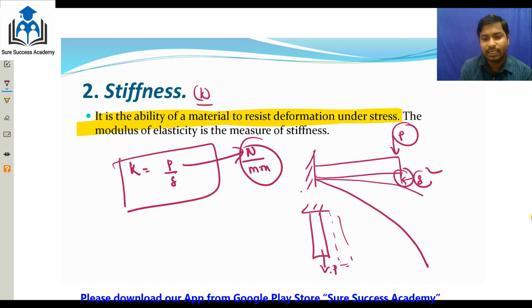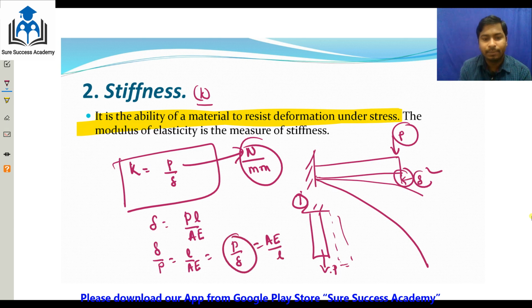In this case, the deflection is equal to the deformation, PL by AE. So deflection by P is L by AE. If you take the reciprocal, P by deflection is AE by L. P by deflection is nothing but K. So the stiffness K is equal to P by deflection.